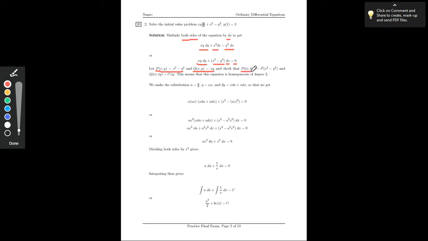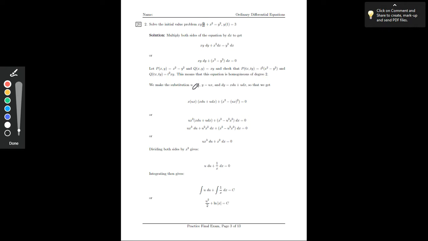We check: when we plug in tx, comma ty, into P, we can pull out t squared. Same thing for Q. When we replace x and y with tx and ty respectively, we can pull out t squared. We're left with x times y. What this means is that the equation is homogeneous of degree 2.